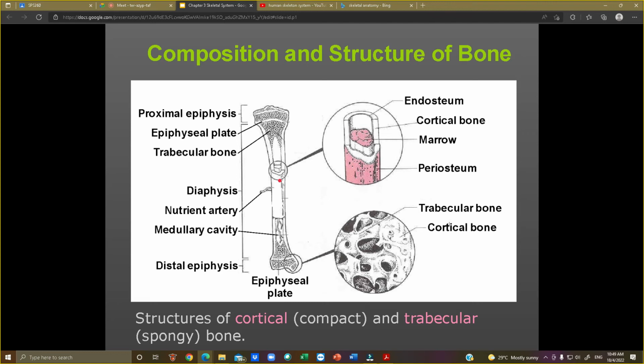Jadi pembesaran tulang dua hala. One in term of length, memanjang. Two in term of width, melebar. So length occurs at the epiphyseal plate. Epiphyseal ni dia akan terjadi dekat tanah bawah. So it will keep increasing the height.